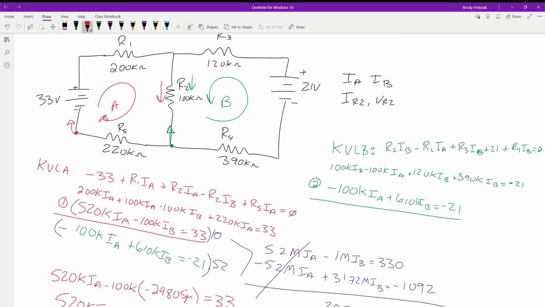That way you can see if you're adding or subtracting from each other. So in this case, IR2 is going to be equal to IA plus IB. So we get the 58.691 micro plus the 24, sorry, .805 micro.